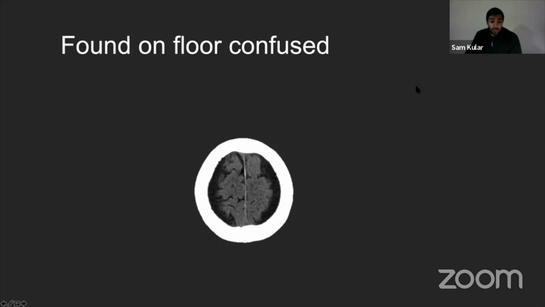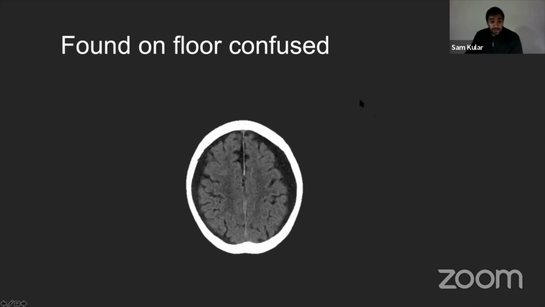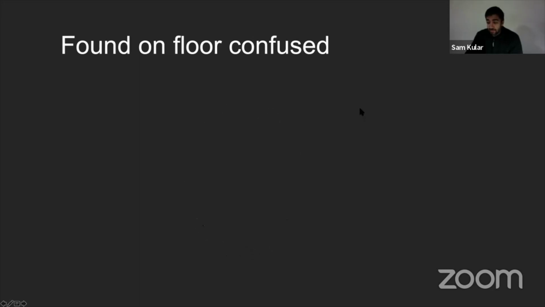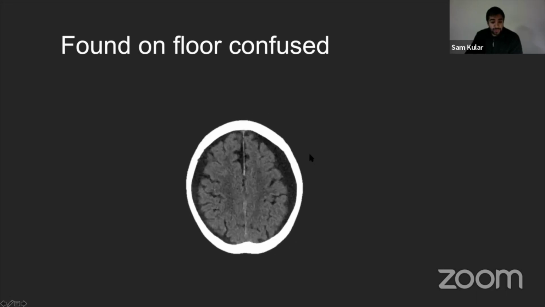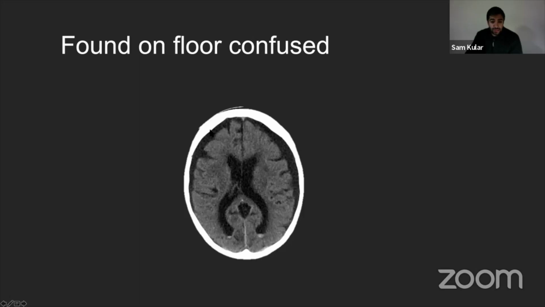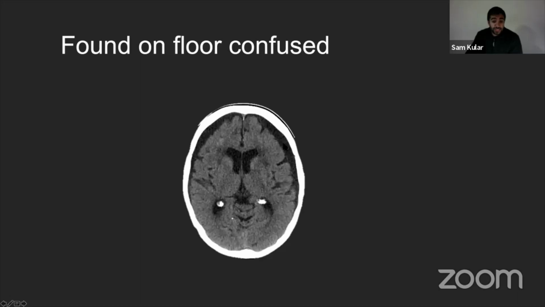The next patient, going back again to trauma, so it's the underlying theme, found on the floor, confused. So going through the head scan a few times, you can see there's bilateral subdural collections which appear chronic. So they're very low density, so they're dark.